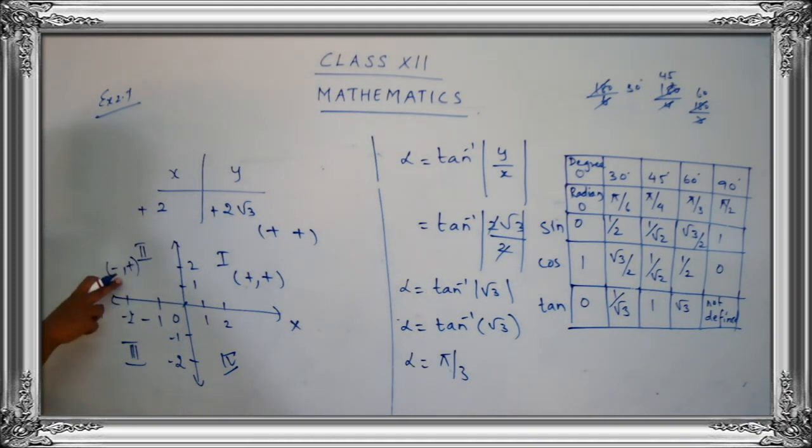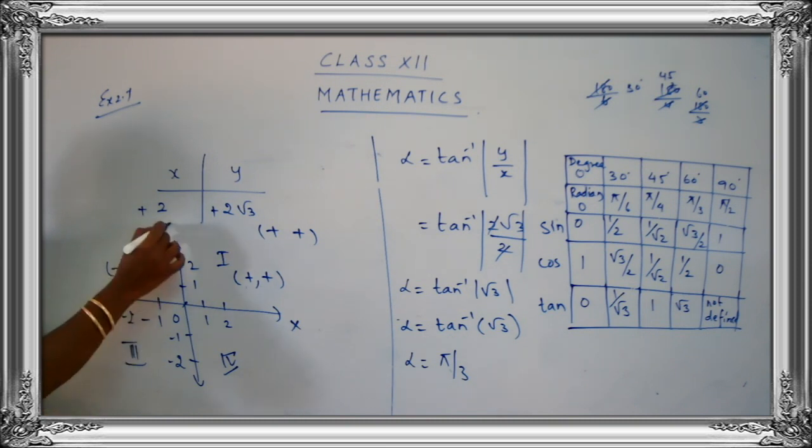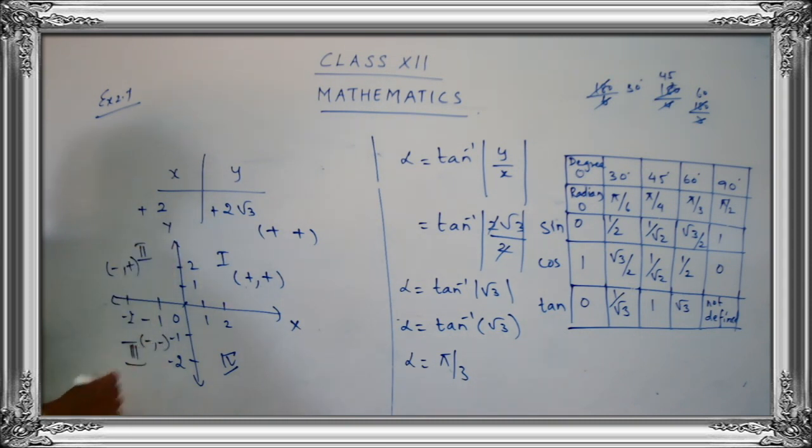When you have minus plus, the value lies in the second quadrant. For the third quadrant, the x-axis is negative and the y-axis is also negative, so minus minus is the third quadrant.